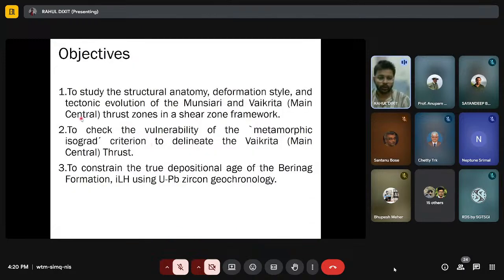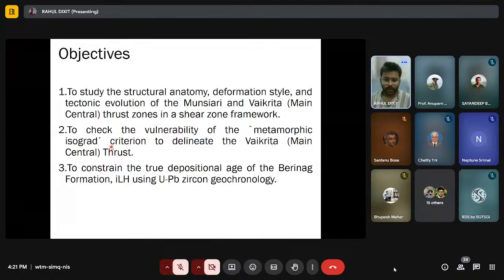So overall, the objective of this presentation is to understand and study the structural anatomy, deformation style, and tectonic evolution of the Munsiari and the Vaikrita, which is the main central thrust zone, in the shear zone framework. We'll also check the validity of the metamorphic isograd criteria to delineate the Vaikrita or main central thrust, which was originally given by Valdiya. Since then, this is one of the most widely used criteria to identify or locate the Vaikrita thrust in the Garhwal, especially the Garhwal Kumaon region, because of the sudden change in the metamorphic isograd.